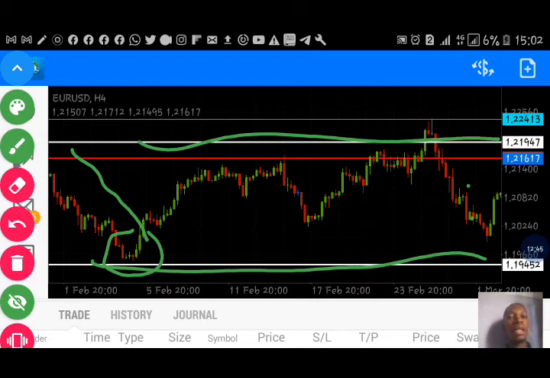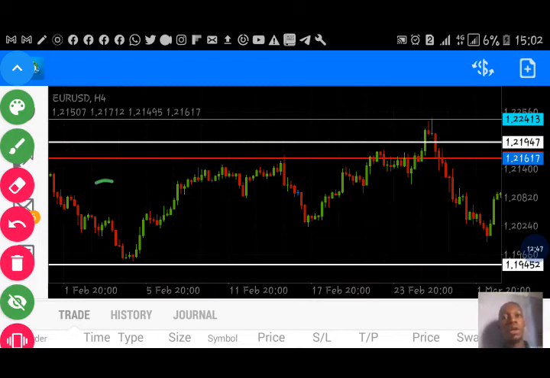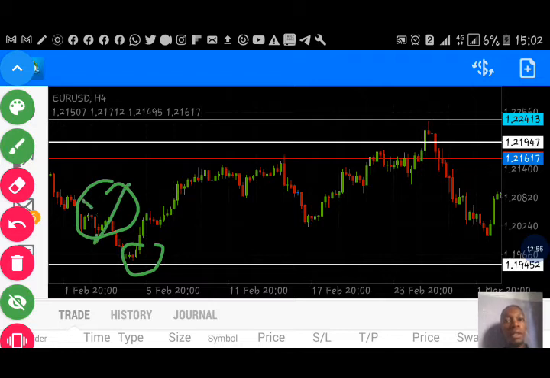If you see a bullish, a green candlestick, a candlestick going up without getting to your support, then just know that candlestick is not strong enough to move price. So you cannot go into a trade with that. You have to wait for your candlestick to get to your support before you get in.